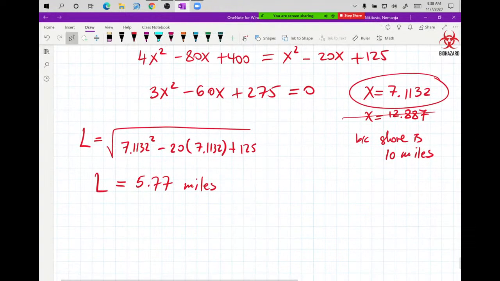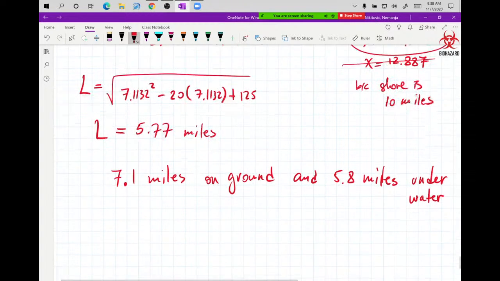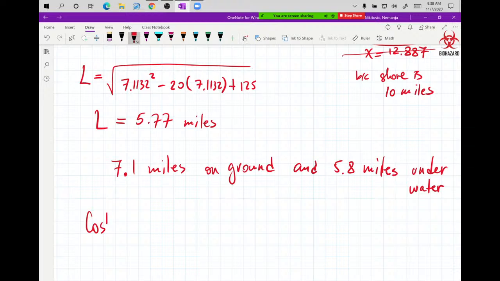So we got that we need, let's say, 7.1 miles on ground and 5.8 miles underwater, which gives us the cost of what?